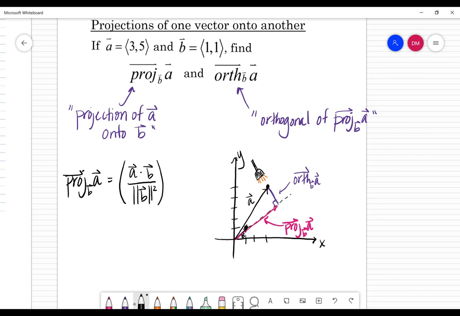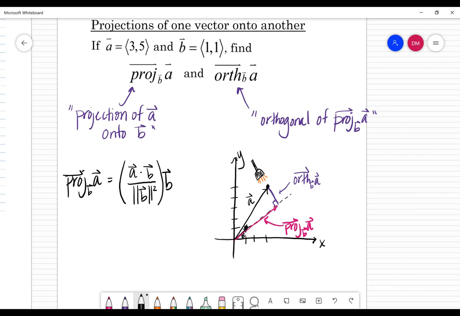And this is going to give me a scalar. When I do this portion in parentheses, I get a scalar. And I take that scalar and I multiply it by vector B, and hopefully that makes sense. This is going in the same direction as B. So I'm essentially applying a new magnitude to B, or I'm taking B and I'm stretching it however much further it needs to go to create this projection.